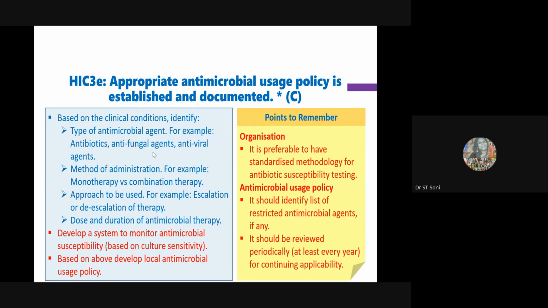It also talks about the appropriate use of antibiotics, because I have talked to you and shown you a burden that 1 in 4 is because of the multi-drug resistant organism. So the hospital needs to define its antibiotic policy or antimicrobial uses policy.